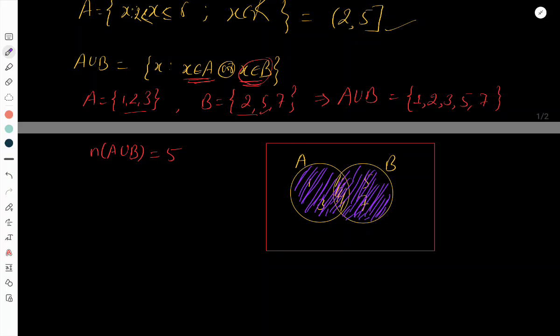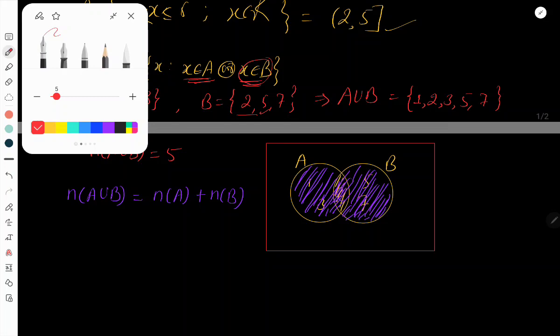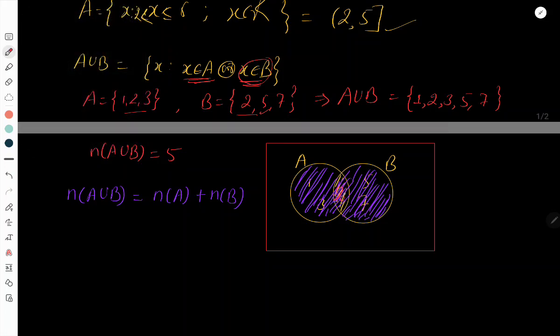So directly from here, can I say that the number of elements in A union B equals the number of elements in A plus the number of elements in B? Correct or not? In this, what is happening is that this common element 2 is counted two times. You can see, in this one the number of elements is 3, in this one 3, so 3 plus 3 is 6, but the total A union B has 5 elements, which means this 2 is counted two times.